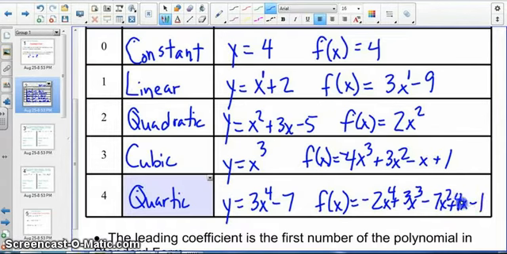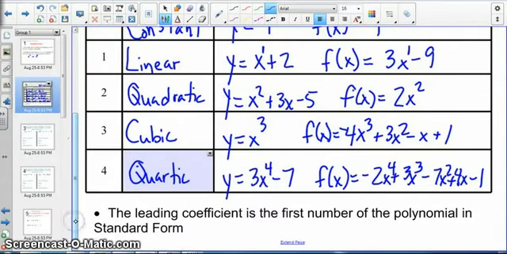Okay? Those are all examples of quartic functions. The leading coefficient is always your first number in the polynomial in standard form, so it leads everything.